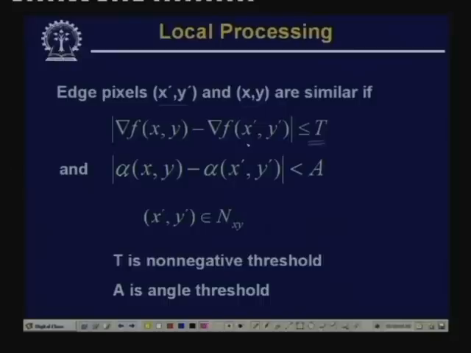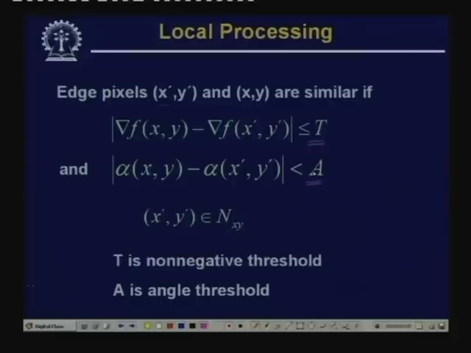At the same time we also have to check whether the direction of the edge, given by alpha x y at location x y and alpha x dash y dash at location x dash y dash, is also similar, that is, the difference is less than or equal to some angle threshold value a.